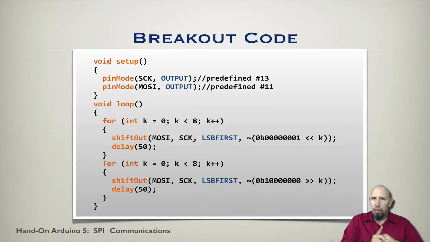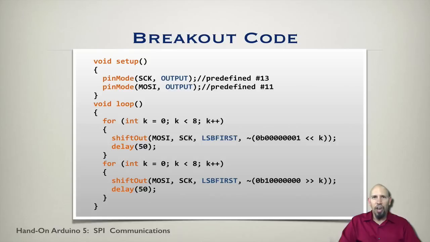That is, remember we only needed to use 2 pins. We needed to use the SCK and the MOSI. If you want a latch, then you require a 3rd wire, and that adds some additional complexity to the whole problem. So this is the code that we're going to use.